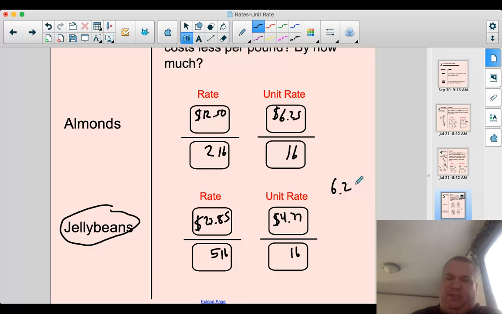So if I do $6.25 minus $4.77, I get $1.48. Okay, again, you can check that if you'd like. I'm pretty confident in that one. So, jelly beans cost less. They cost less by $1.48 per pound.